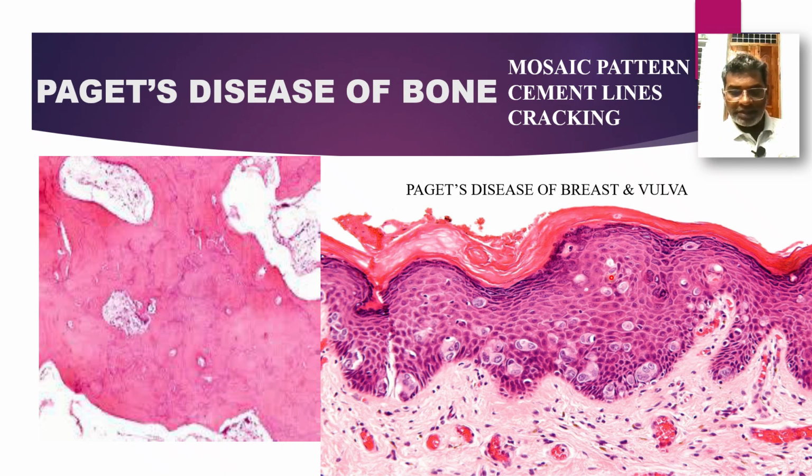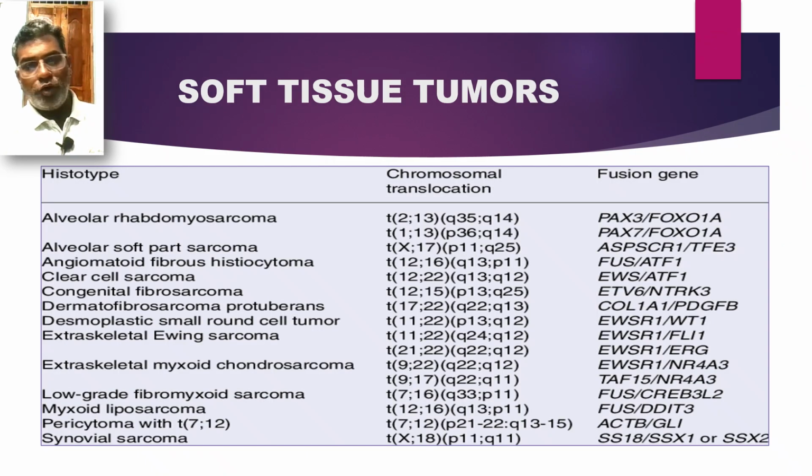They are called Paget cells, and the disease is Paget's disease. So, Paget's disease is seen in bone, breast, and vulva. Paget's disease of breast and vulva will look similar, but Paget's disease of bone is entirely different. It will have mosaic pattern, cement lines, and cracking. This you have to remember. Till now, we have discussed the bone pathology.